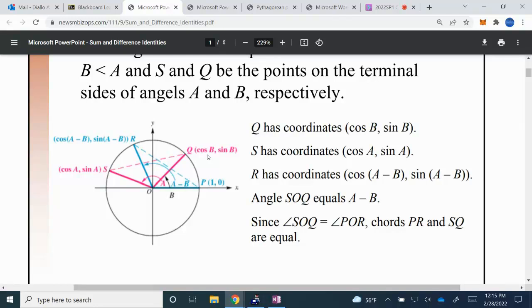Remember that the first coordinate is the cosine of your angle, and the second coordinate is the sine of your angle.